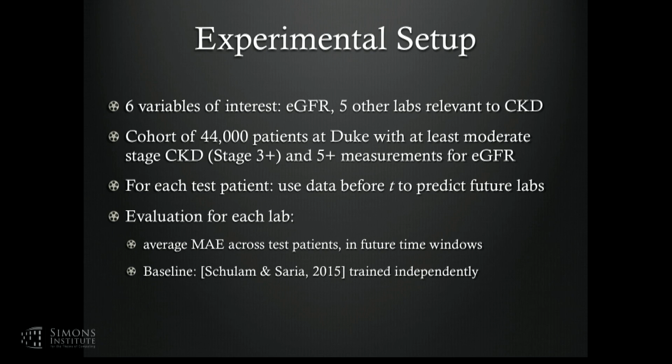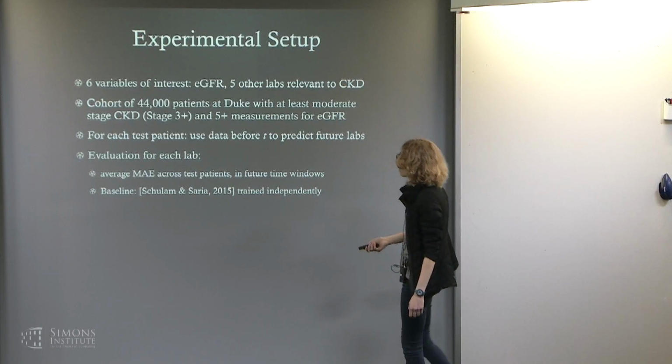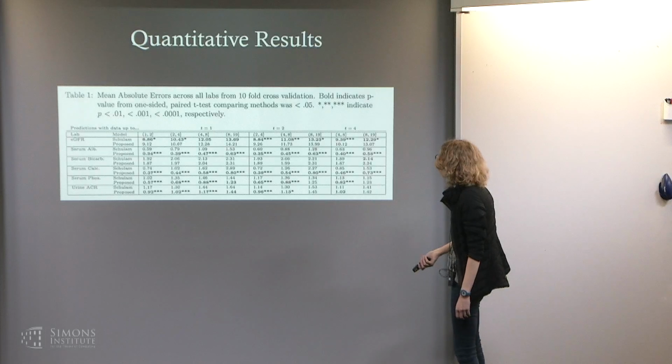Our goal is, for each test patient, to use data earlier in time to predict what future lab values are going to look like. And then for each lab, we look at the mean absolute error across test patients, and we compare it to the totally non-correlated baseline Gaussian process version.